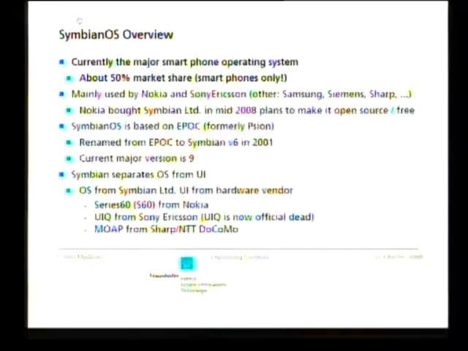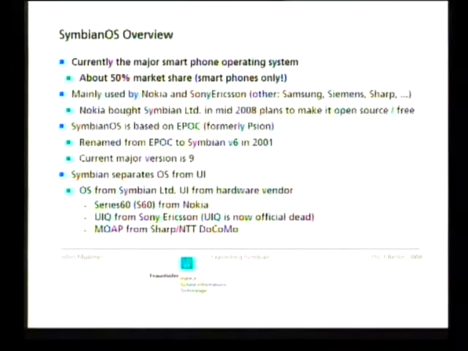Symbian is interesting because it's really the major smartphone operating system. It has about 50%, I think it's just a little bit lower now, but about 50% of the smartphone market. So not all mobile phones, of course, but really the smartphone stuff.